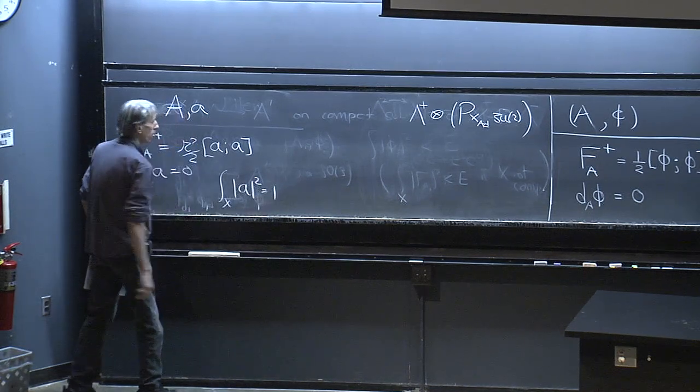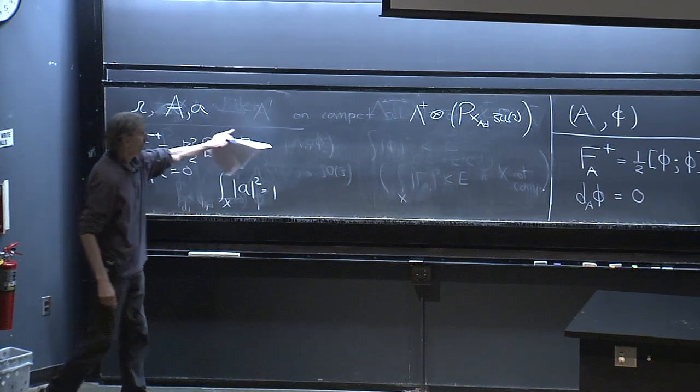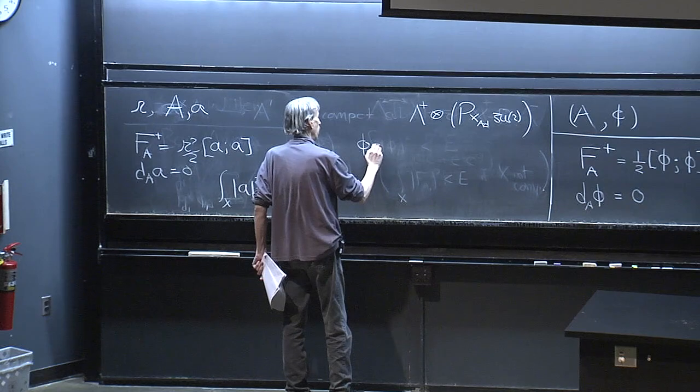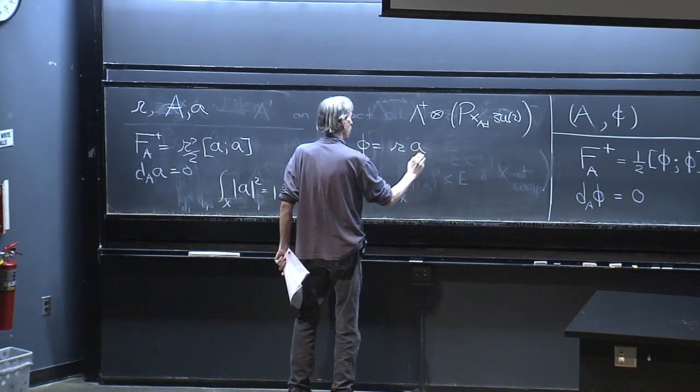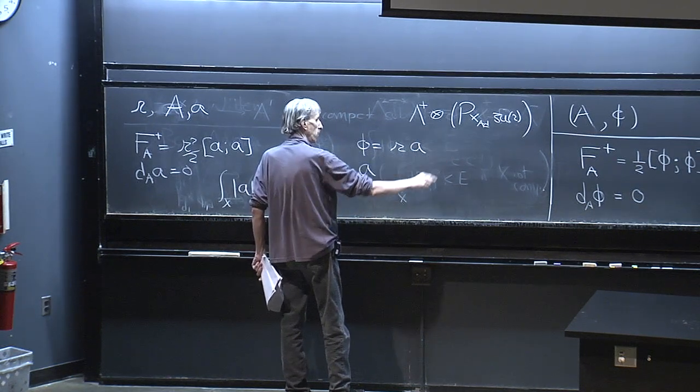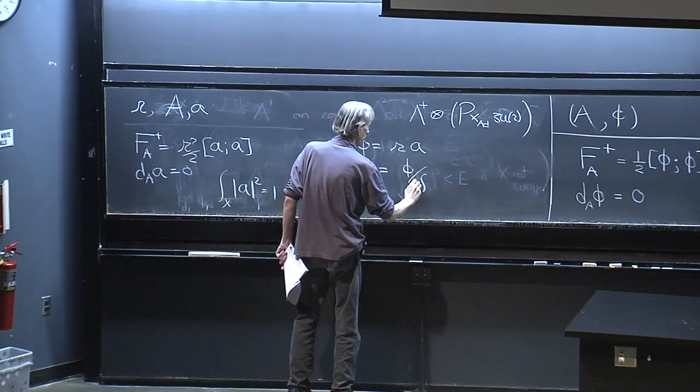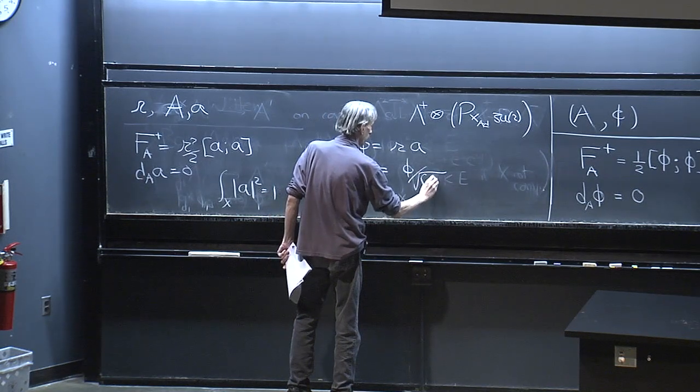So the relationship between the two formulations is that we can write phi as r times a, or if we have a solution of those equations, we write a as phi over the square root of its L2 norm.